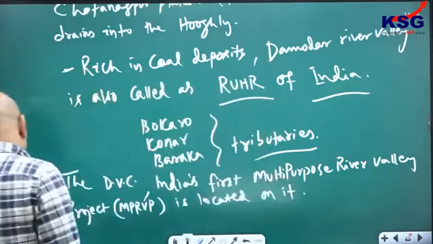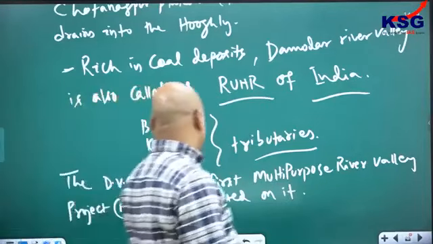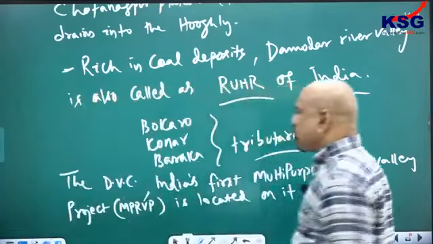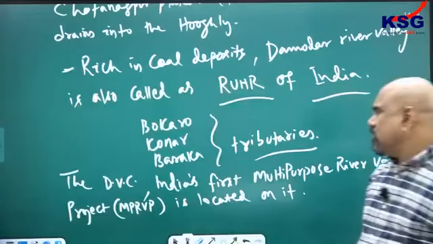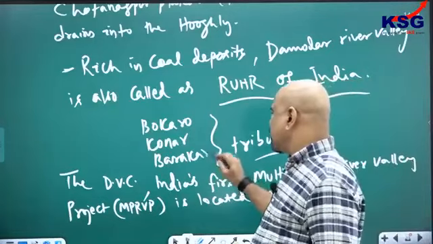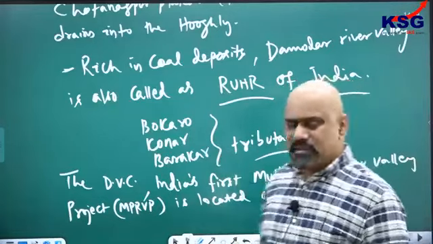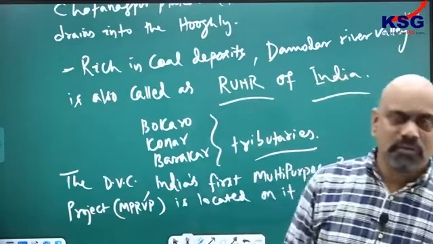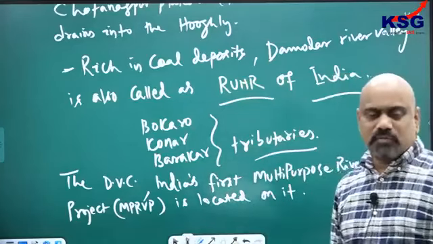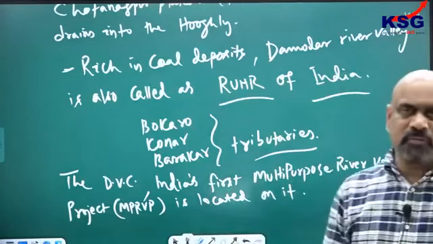And you remember one thing, that this river has all these dams: Maithan Dam, Barakar Dam, Bokaro Dam, Konar Dam. These are the dams which are located in these regions. ये सब multi-purpose river valley project.